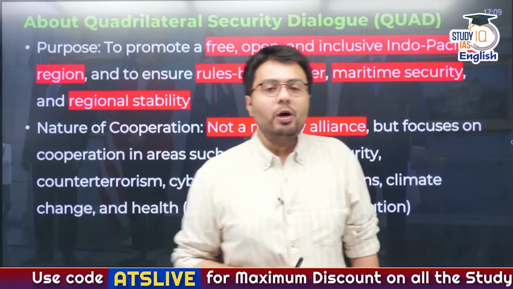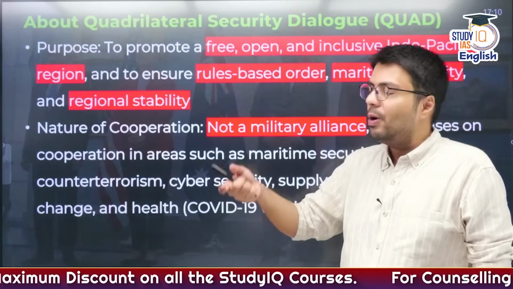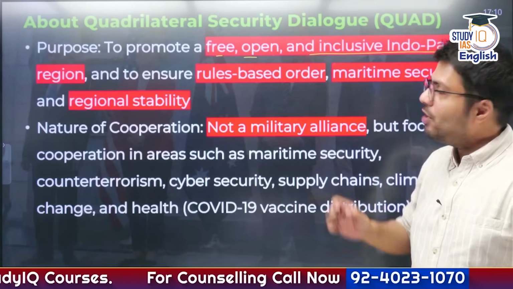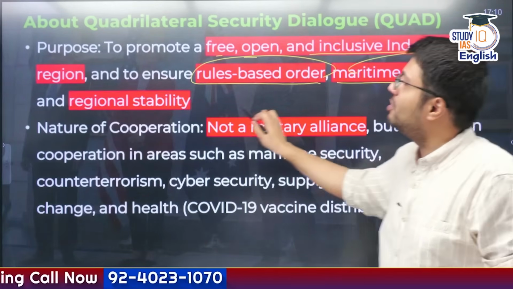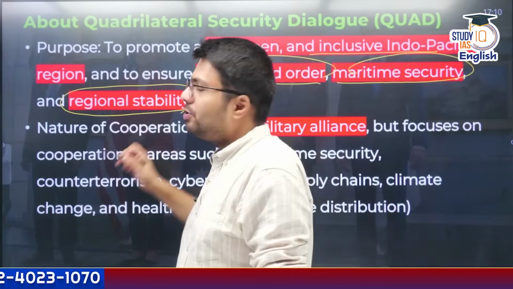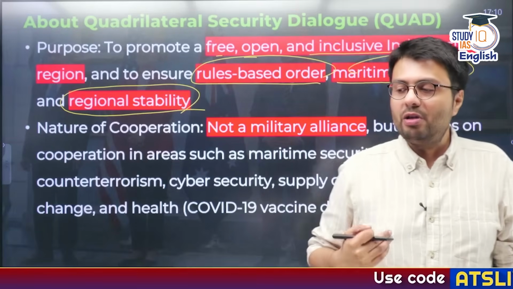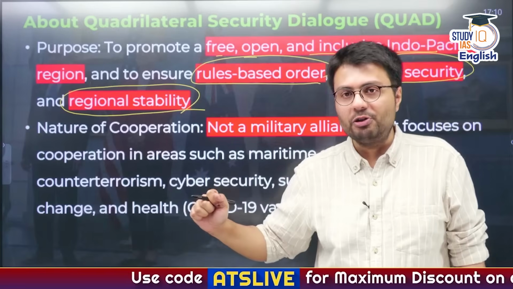Now what you need to understand, the purpose of forming the Quad is to ensure a free, open and inclusive Indo-Pacific region and also ensure rule-based order, maritime security and regional stability. In the middle of the 2010s, China used to threaten the commercial ships plying around the Indian Ocean and Pacific Ocean region.